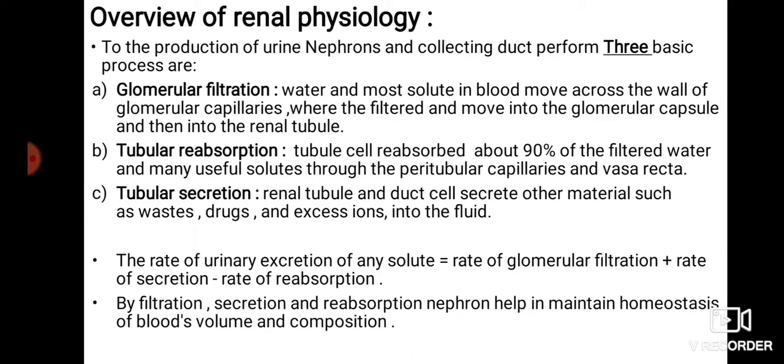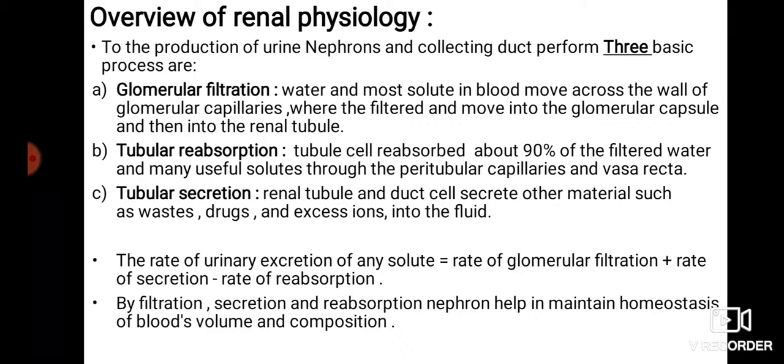Here you shouldn't confuse the words absorption and reabsorption. In the digestive system, in the intestine, you study the absorption of nutrients from the intestine into the bloodstream. Here, reabsorption doesn't mean nutrients come back into the tube.